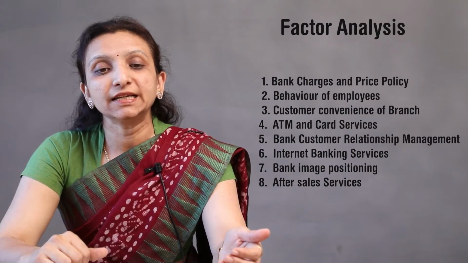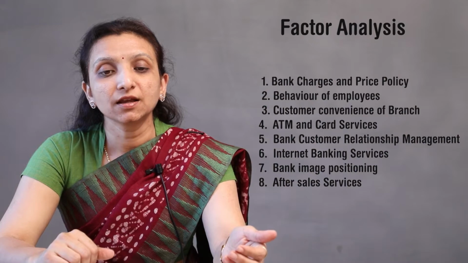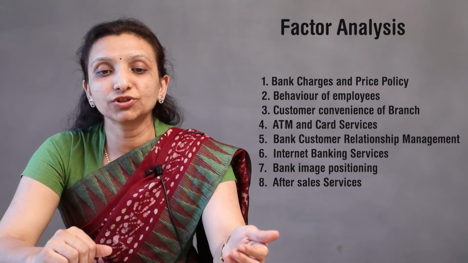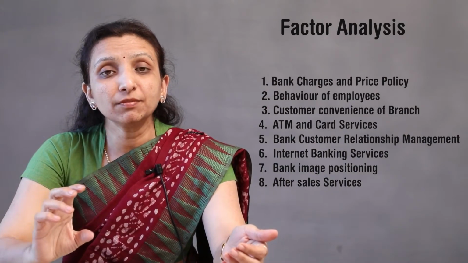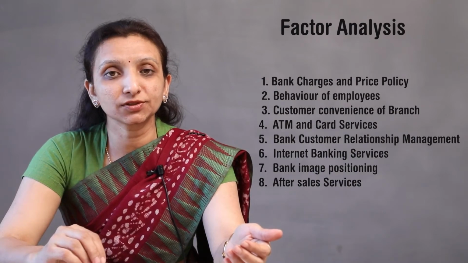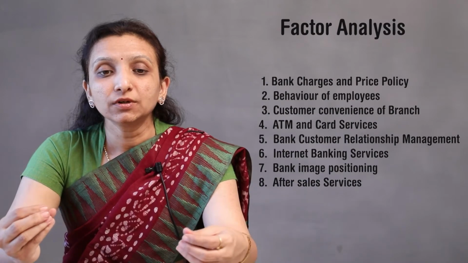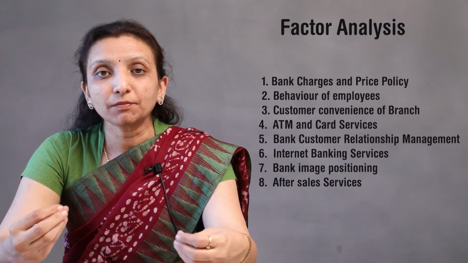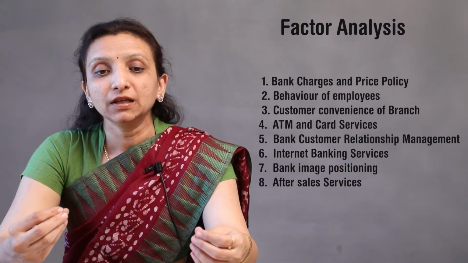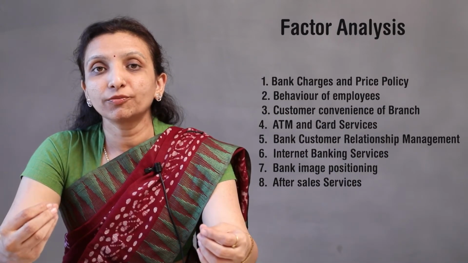Then the next factor is bank image positioning. What is the image of the bank in the eyes of customers, in the eyes of society? Which type of relationship is maintained by the bank? That thing is observed by customers.